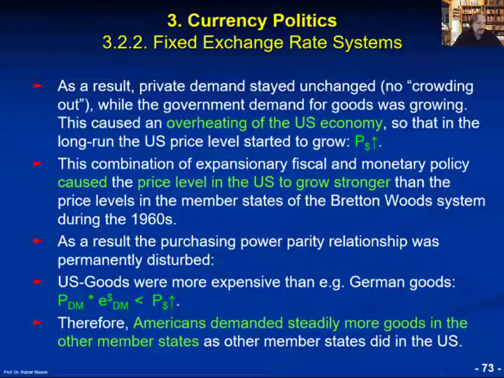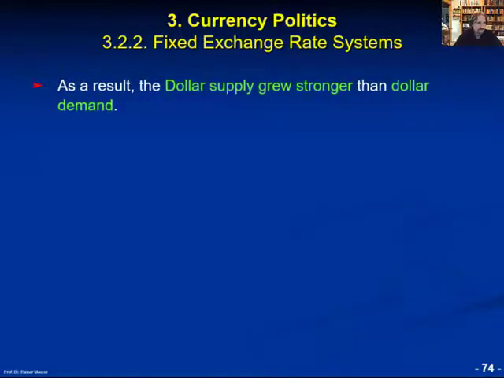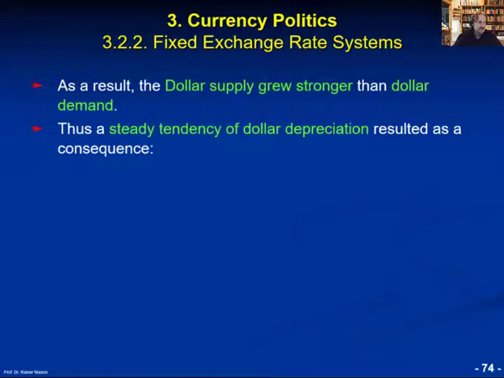Therefore, Americans demanded steadily more goods in the other member states than other member states did in the United States. As a result, dollar supply grew stronger than dollar demand. Thus, a steady tendency of the dollar depreciation resulted as a consequence.